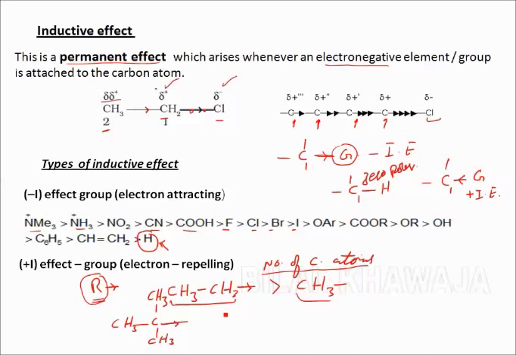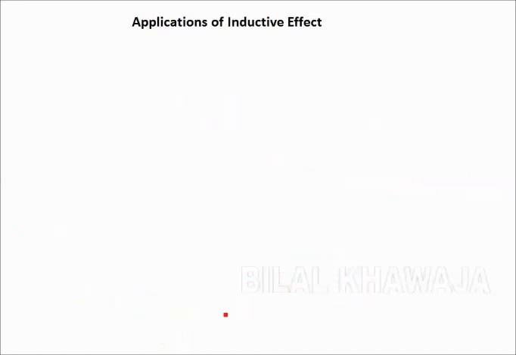It always remains in a molecule; a molecule always remains polar due to the difference in electronegativity. Some groups have the positive inductive effect: a group which donates electrons to the carbon has a plus I effect. A group which withdraws electrons from the carbon has a negative inductive effect.